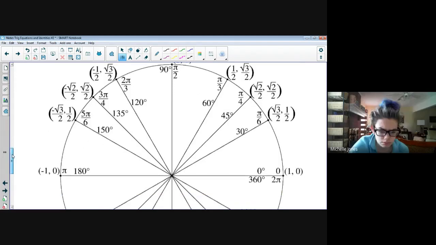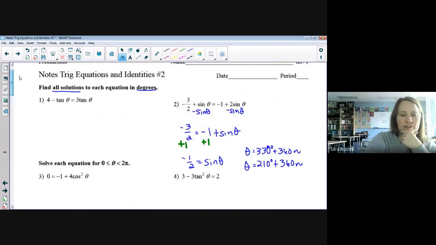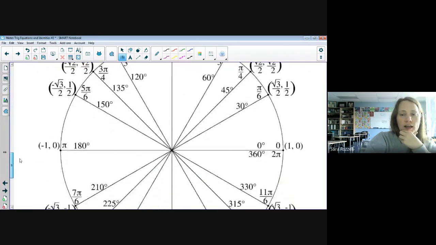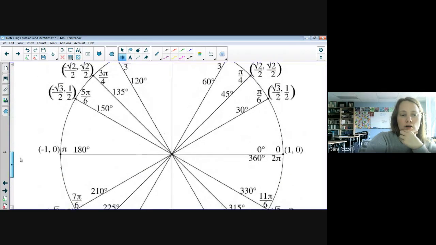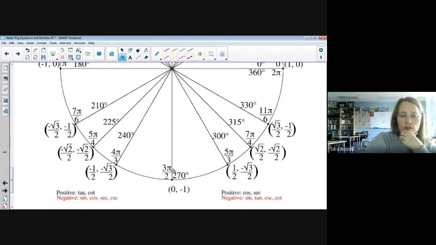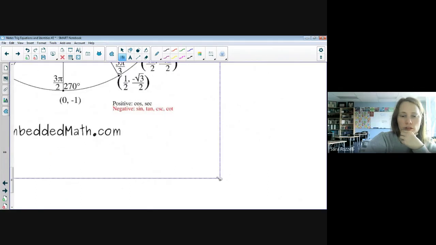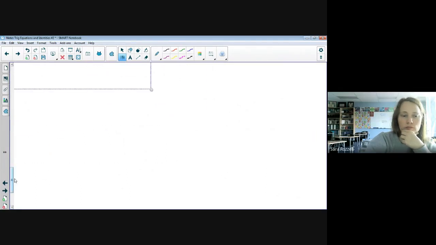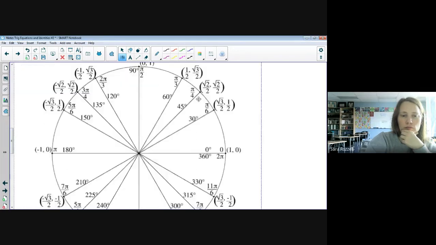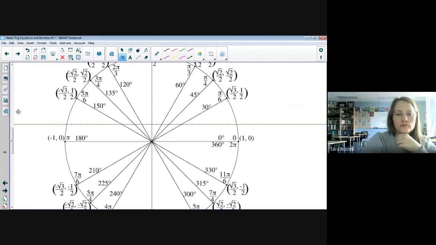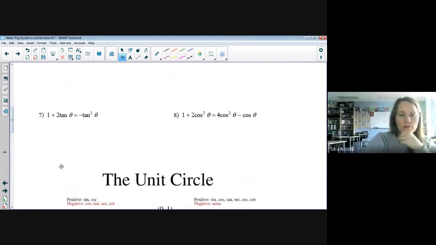I think it should be on the top half because it's a positive tangent. But I can. Let me just make the unit circle smaller so you can see more of the whole thing. I can do that too. Where is it? There we go. I mean, that might help a little. I covered up the other one.